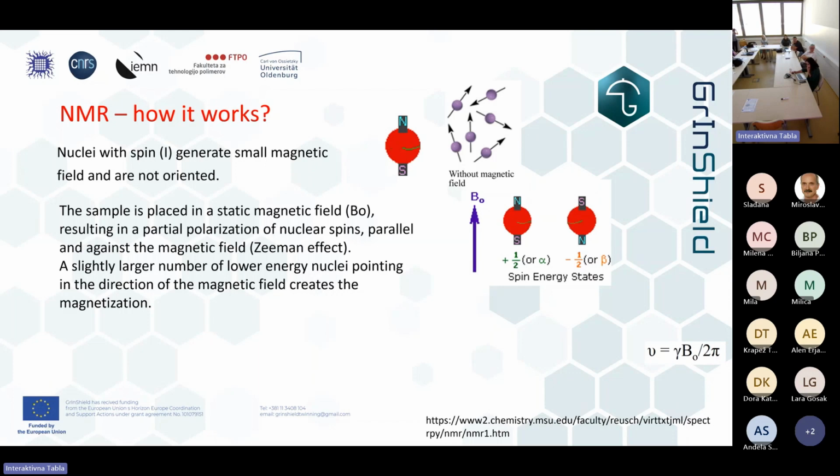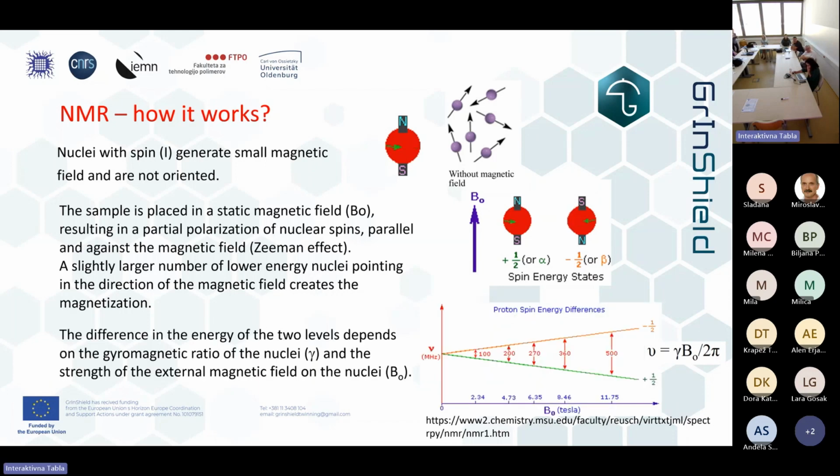And this difference in the energy of the two levels depends on the properties of the nuclei, the gyromagnetic ratio, and the strength of the external magnetic field. So we use different magnets, and we will have this energy at various frequencies.